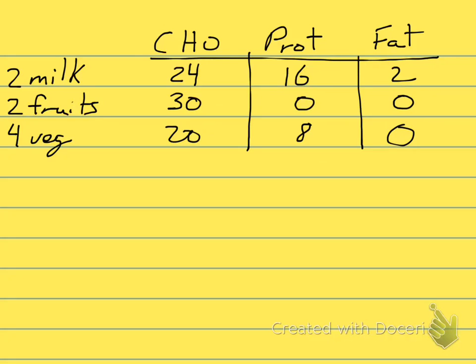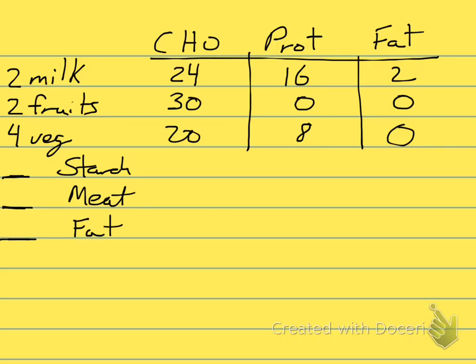Now what we have to put in here that we're still missing is how many starch, how many meat, and we're going to consider lean meat, and then how many fat exchanges to finish things out. Okay?